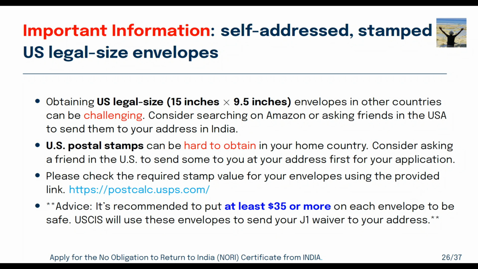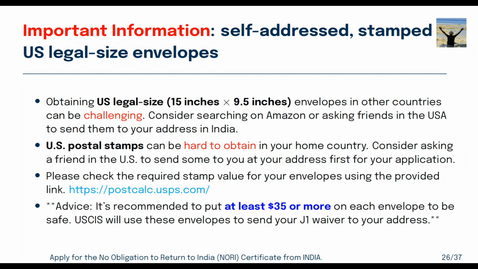Or let's say if you are still in the USA and are going to India to apply from there, I suggest you buy at least $100 of US stamps, which will help you for future purposes, right? Then you can check what your stamp value will be, since you are sending your documents internationally. This link will help you estimate your weight and stamp value.